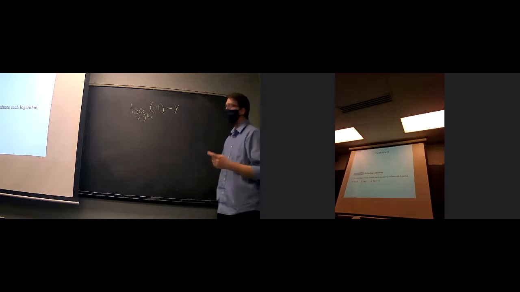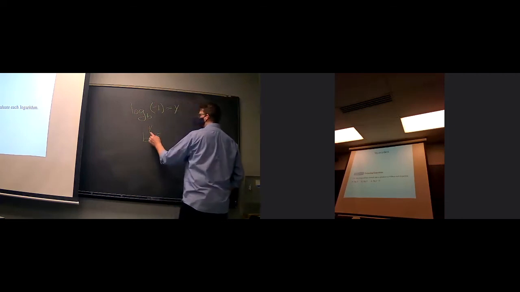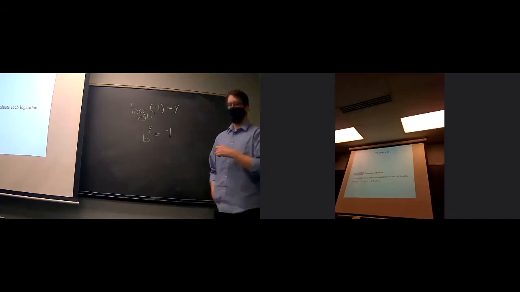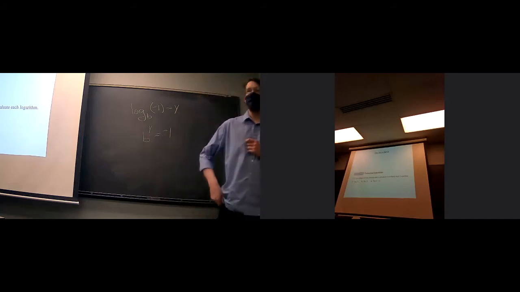What it's answering is the question of what the exponent has to be for b raised to that exponent to come out to be negative 1. Doesn't exist, not in real numbers anyhow. Imaginary numbers, yeah, sure, okay. But let's not be extra. All we're saying here is that looking at real numbers, we can't put in a negative value through a logarithm. Doesn't matter what the base is.